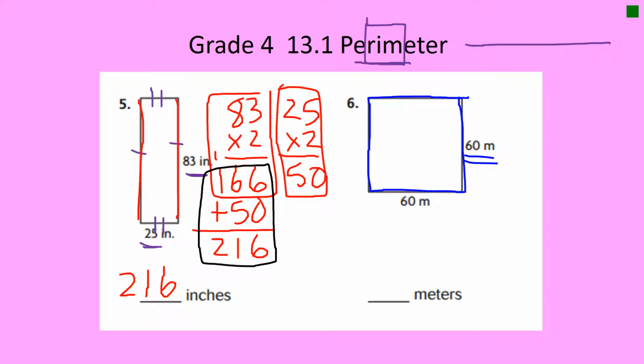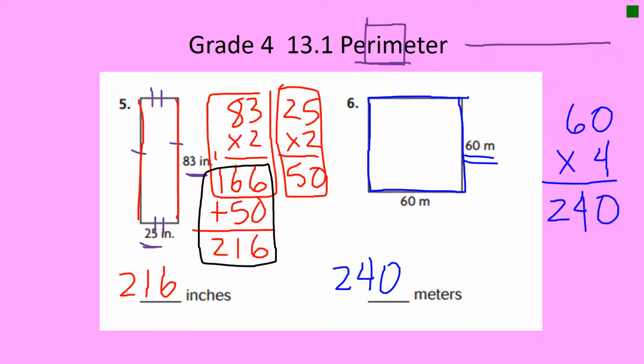It's 4 sets of 60. It's the best day ever. Whoop, whoop, whoop. You probably didn't even write that down, right? 240 meters. Okay, so perimeter, the distance around. All right, let's keep going, guys.